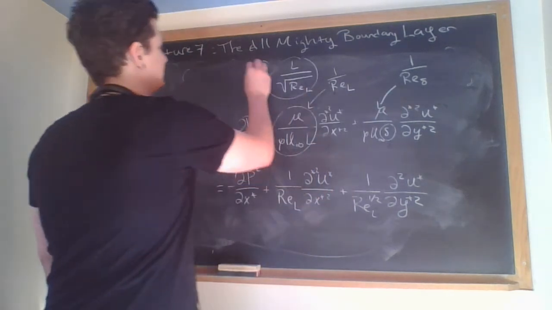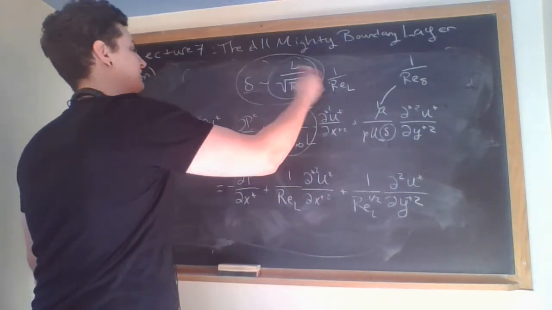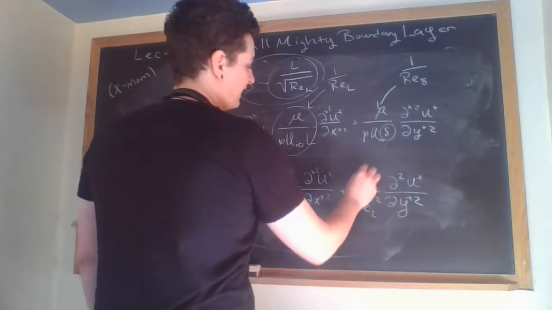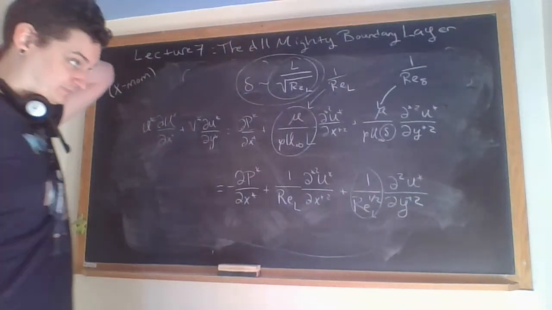And that comes from this argument that the delta is proportional to the inverse of the Reynolds number. But the idea that now this is the half power.